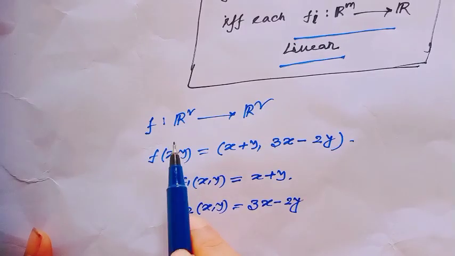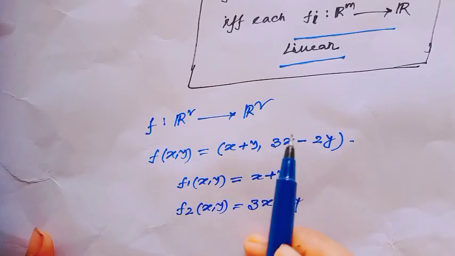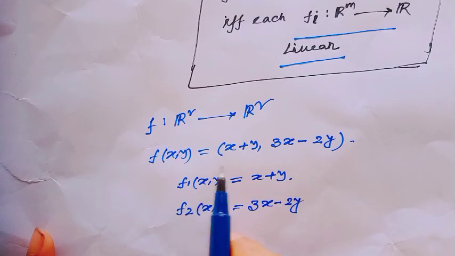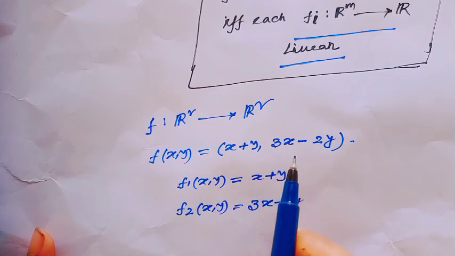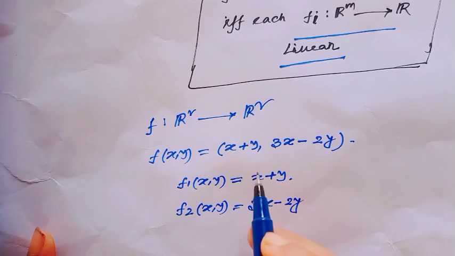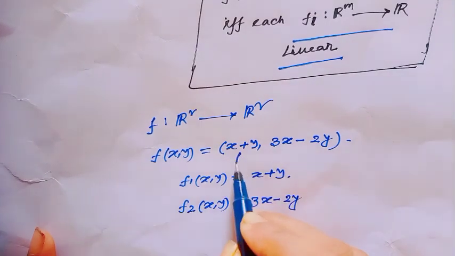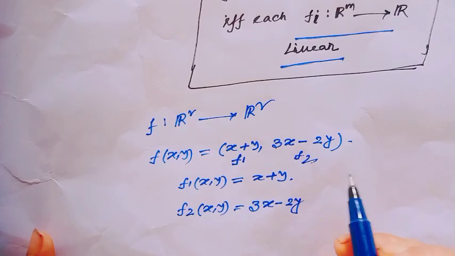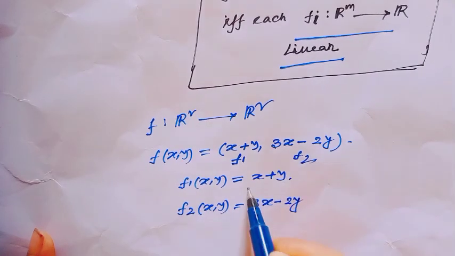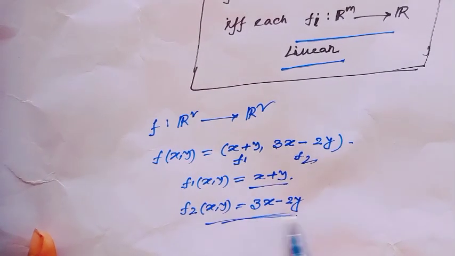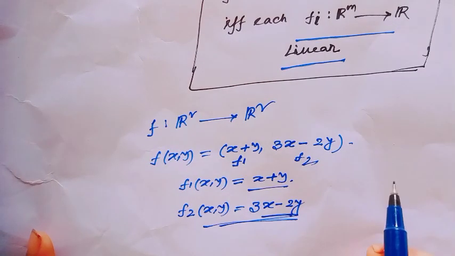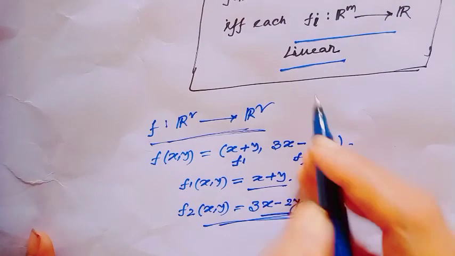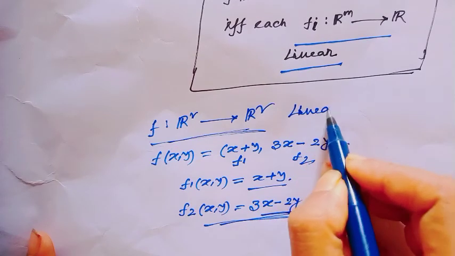Consider another example, f a mapping from R2 to R2 such that f of (x, y) equals (x plus y, 3x minus 2y). Here notice this is the f1 component and this is the f2 component, and since each of f1 and f2 is linear, obviously this function is a linear function.